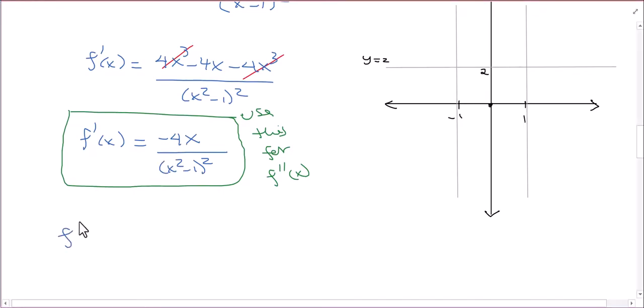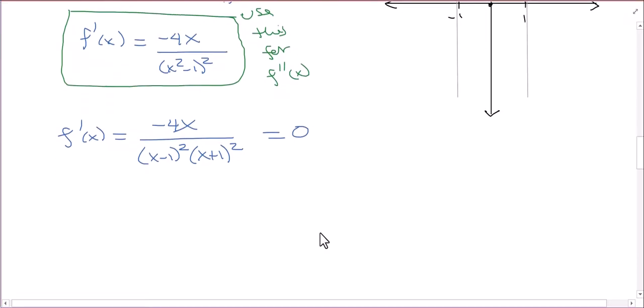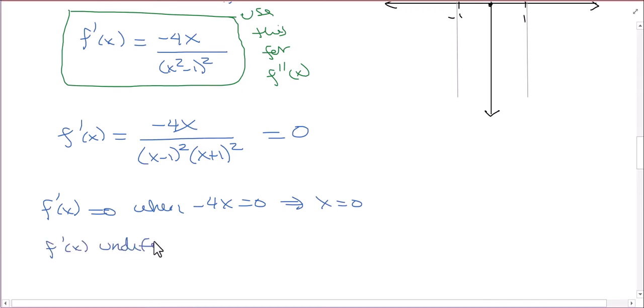But in order to find my critical numbers, I'm going to simplify just a slight step further. x squared minus 1 factors into x plus 1 times x minus 1. We saw that when solving for the domain. So this is going to be x minus 1 squared times x plus 1 squared. I can distribute this, but this helps me see my critical numbers better, because I know the derivative is 0 when the numerator is 0, which means when x is 0, and f prime is undefined when the denominator is 0.